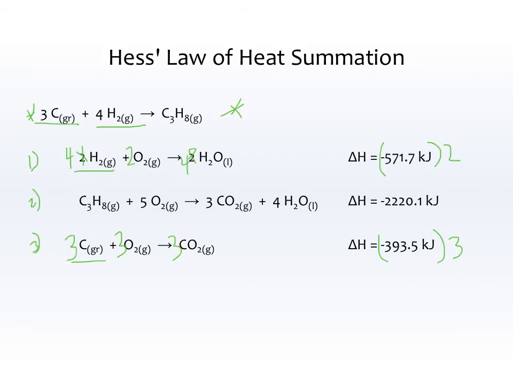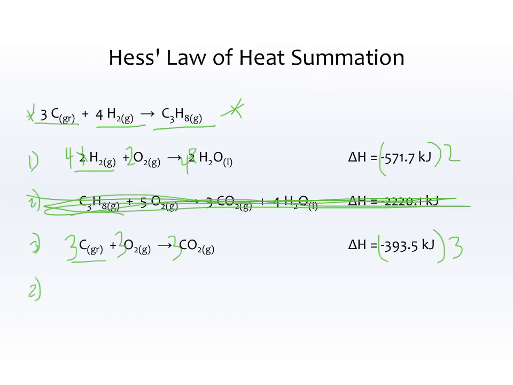Multiply the entire reaction by 2 to get me my 4 hydrogens. Okay, back up to the original, C3H8 as a product, and there's only 1 of them. Oh, but reaction 2 has C3H8 as a reactant. There's only 1 of them, so that's a bonus, but it's a reactant, not a product.